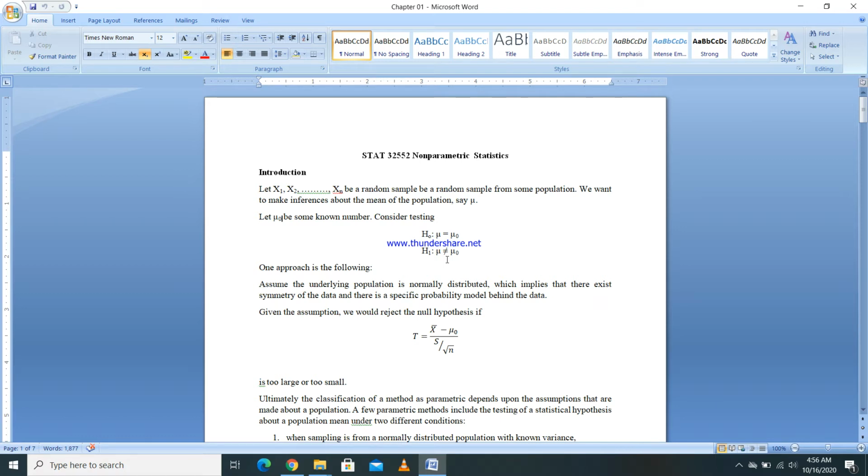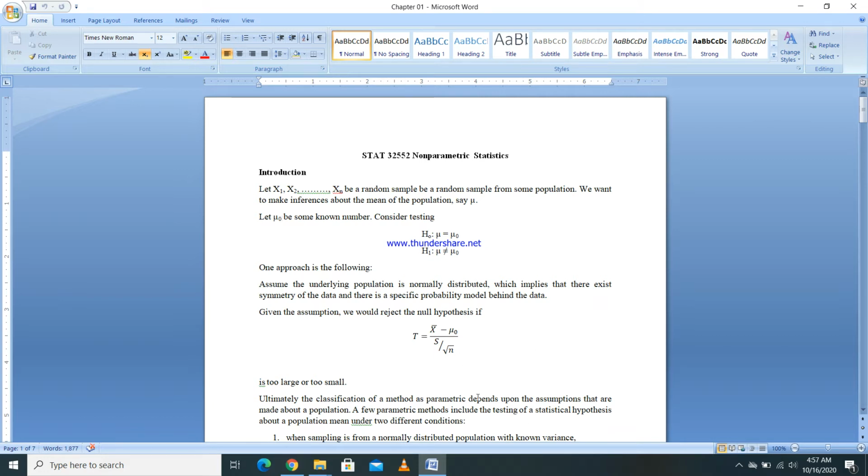Alright, so in this case, if we know the population is coming from a normal distribution, we have no problem. The only thing we have to check is whether we know the population variance or not. Now in this case, they have not given any information about the population variance. So if you know that the population is coming from a normal distribution, we go for the t-test.